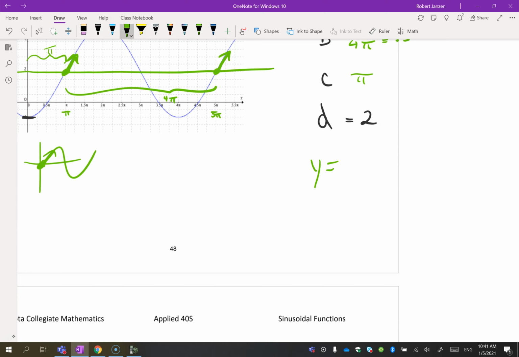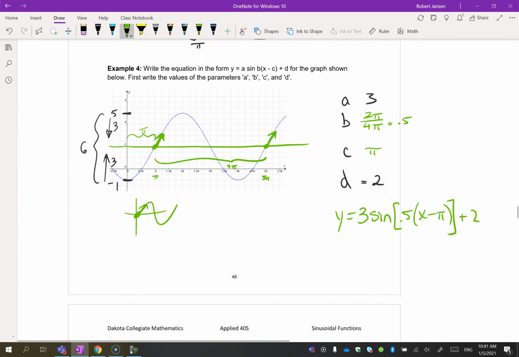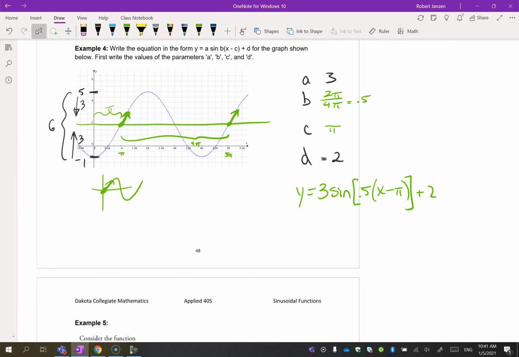Okay, so y is 3 sine 0.5 x minus pi, sorry, pen's not working, plus 2. Okay.